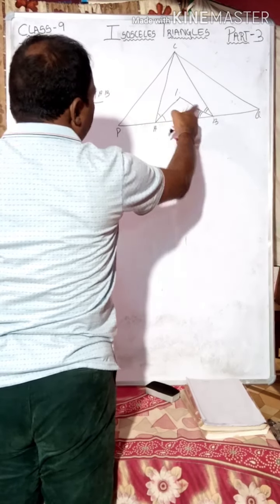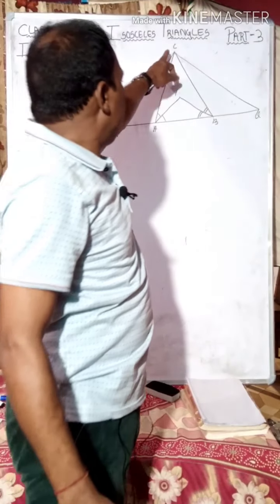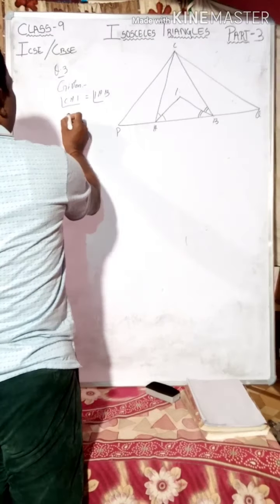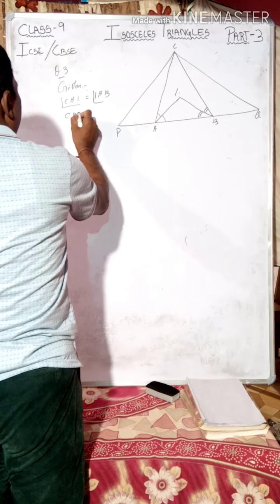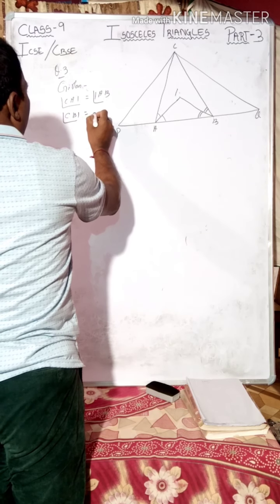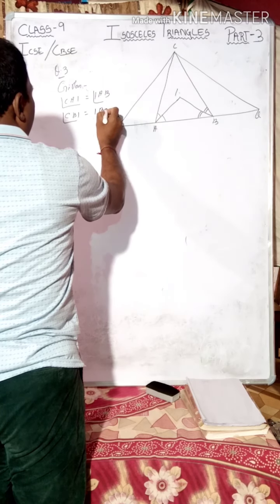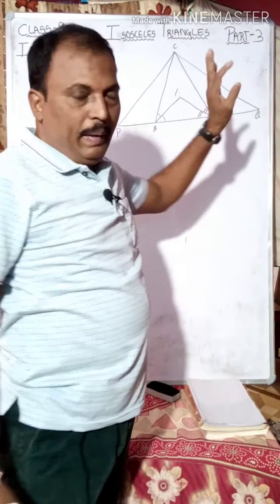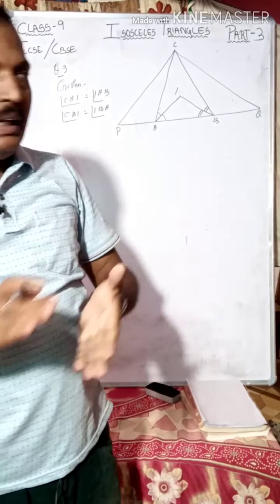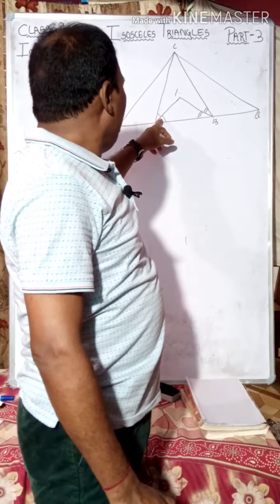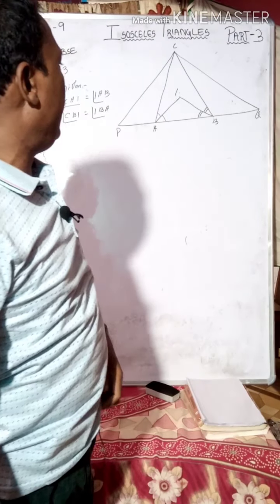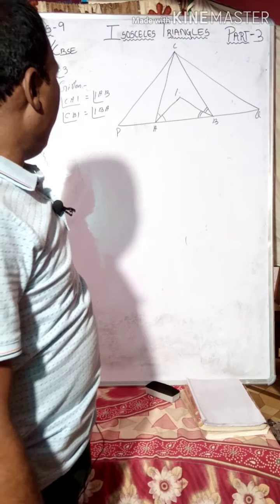Then IB is the bisector of angle CBA, that is CBI is equal to IBA. AI and BI are the bisectors of the original angles A and B, means angle CAB and angle CBA.